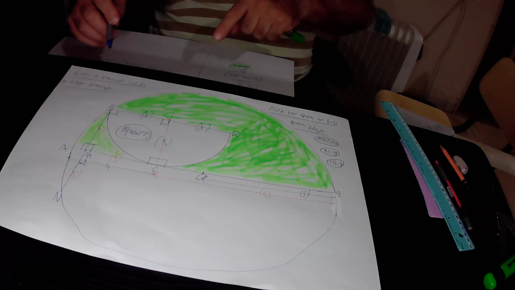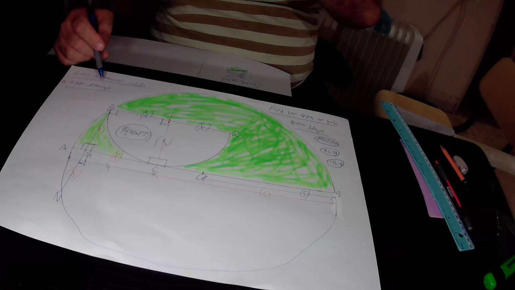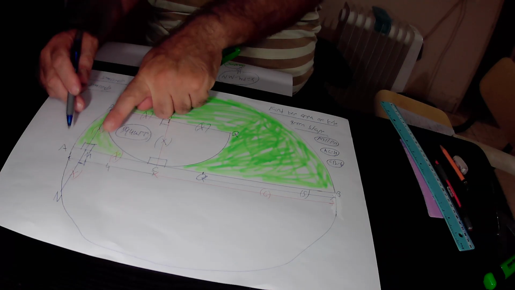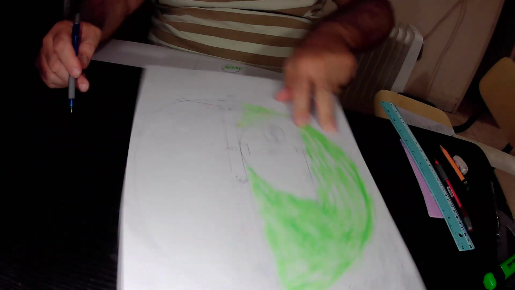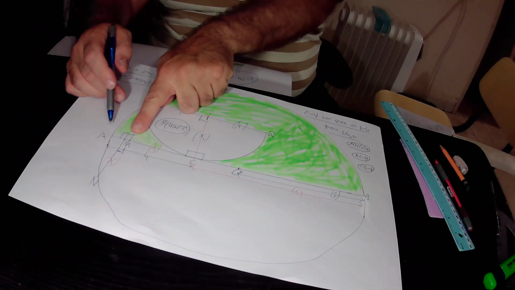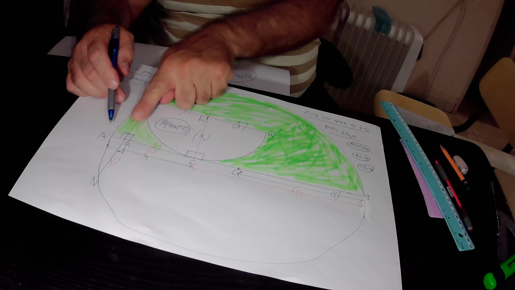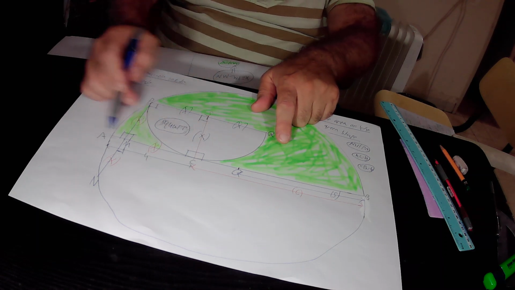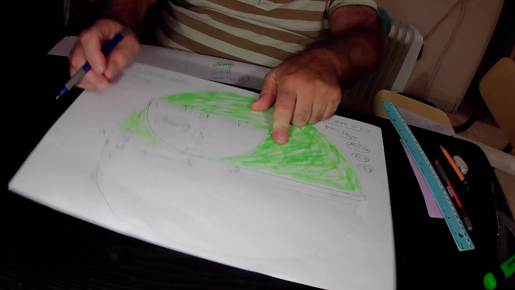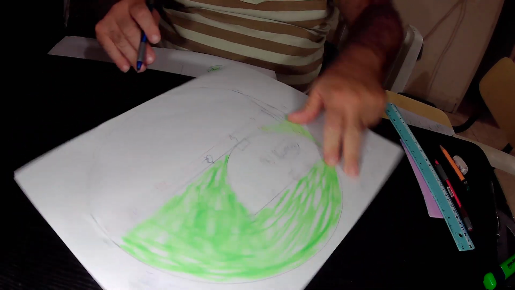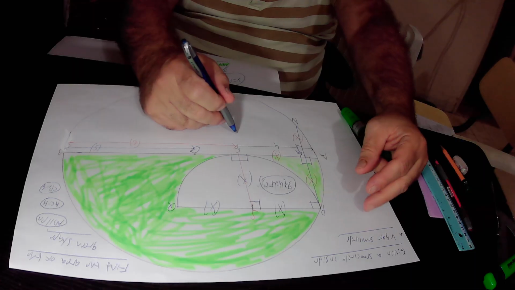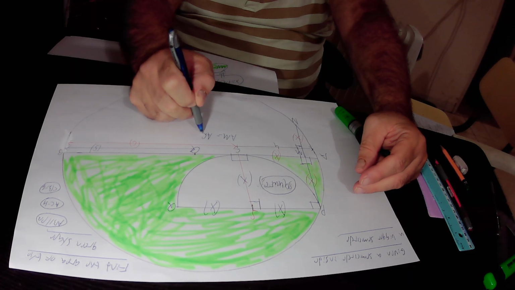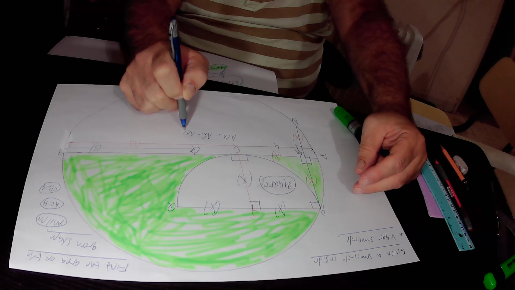But first of all, we will find out the length of this short line segment AM. What is the length of AM? From the drawing it is very easy to see that AM in total equals AC minus MC.